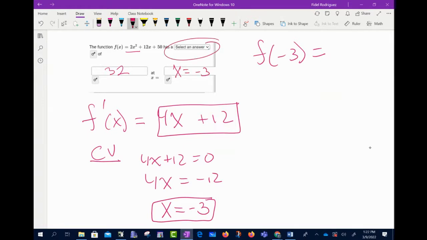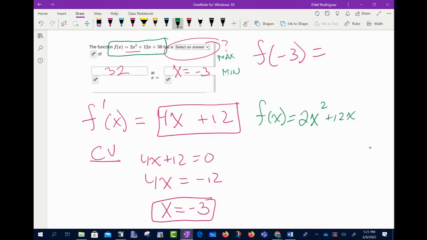Now this is the question, y'all. Is it a maximum or is it a minimum? That part we don't know yet. But let me ask you a question. Does anybody remember what the graph of 2x squared plus 12x plus 50 looks like?